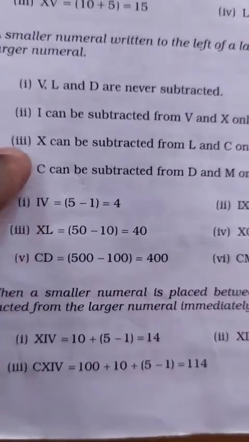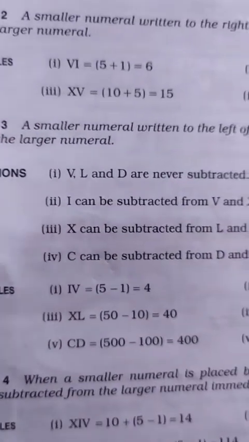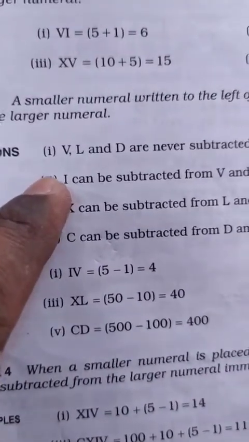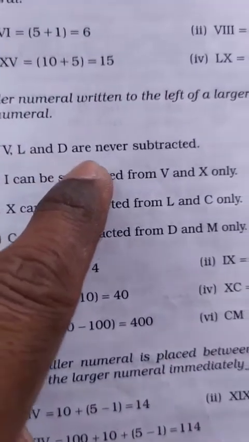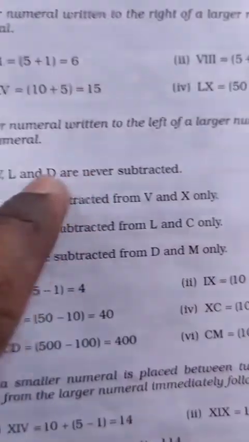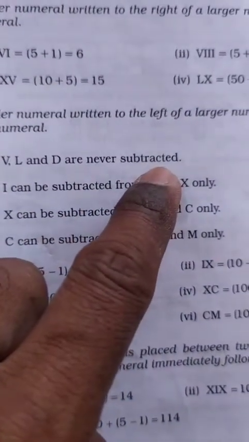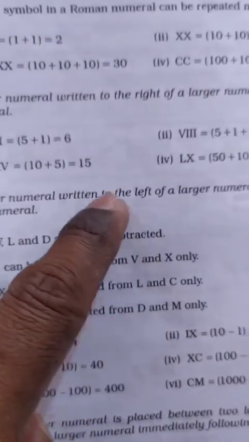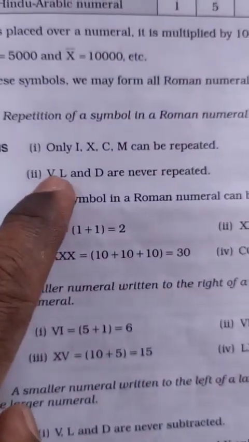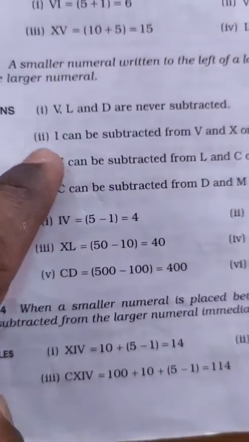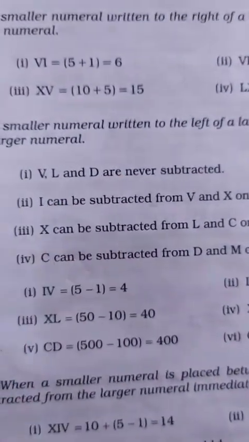But there is also one more thing you have to care about, that is question number 1. V, L and D are never subtracted. We had already studied that V, L, D are never repeated, and here V, L and D are never subtracted.